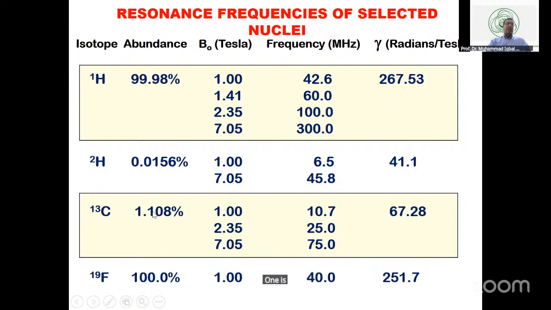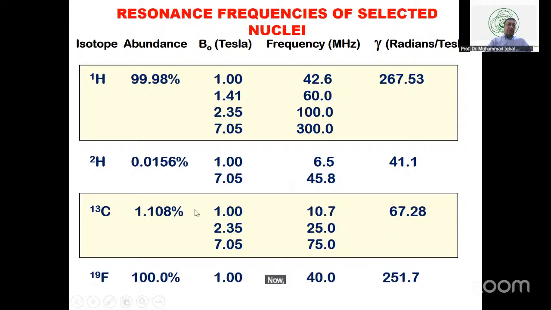One is that natural abundance is less. Second is that the gyromagnetic ratio is much weaker. It means that, as compared to proton, this is a weaker magnet.